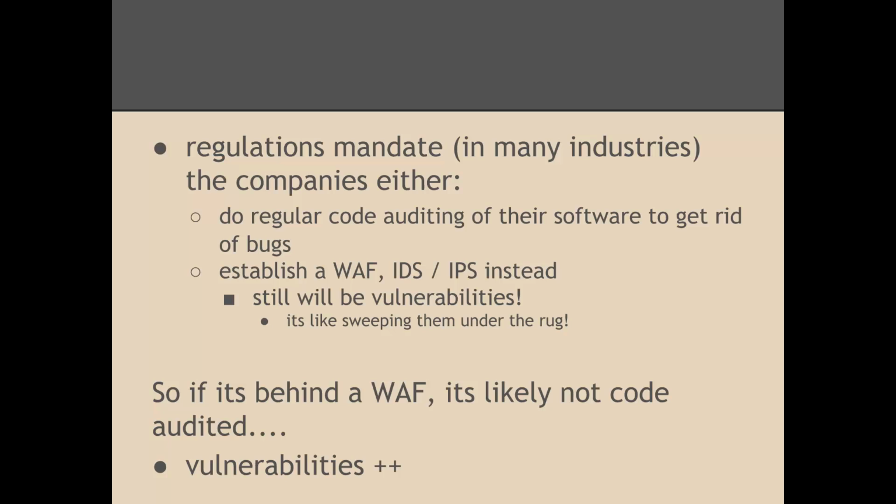Now, obviously the code auditing is going to get rid of vulnerabilities in your application, all the code that you write. But if you put up the web application firewall and the IDS, you'll comply with the regulations. So that's the cheaper way out, more often than not. And it actually doesn't have any impact on the number of vulnerabilities that you have in your code.